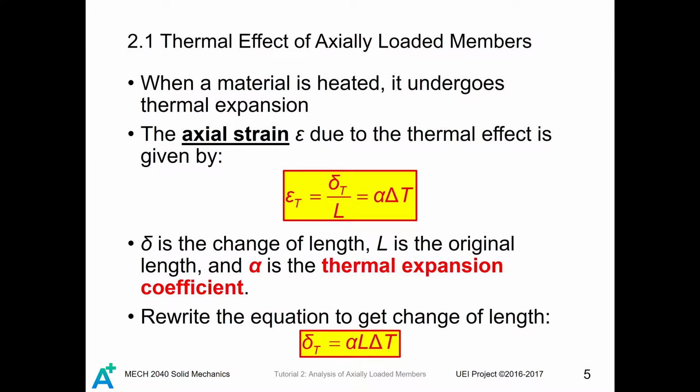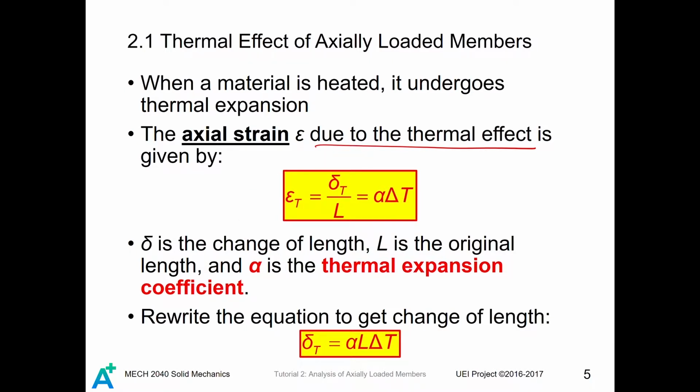Firstly, let's talk a little bit about the thermal effect on the axially loaded members. When a piece of material is heated, it will undergo thermal expansion, and similarly, when a material is cooled, it will undergo thermal contraction. Therefore, under the change of temperature, we will introduce the thermal strain, which is the axial strain due to the thermal effect. The thermal strain is given by the thermal deformation divided by the original length, so it is rather trivial.